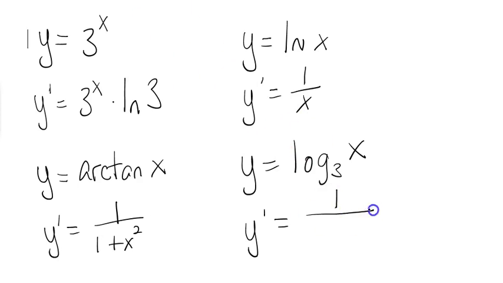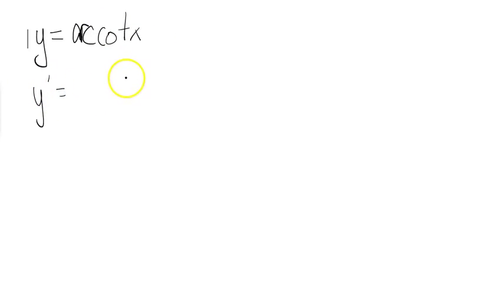So it is 1 over x natural log 3. Okay, so we have done arctan. What about arccotan? If you know arctangent, you know arccotangent because it's just the negative version of that.